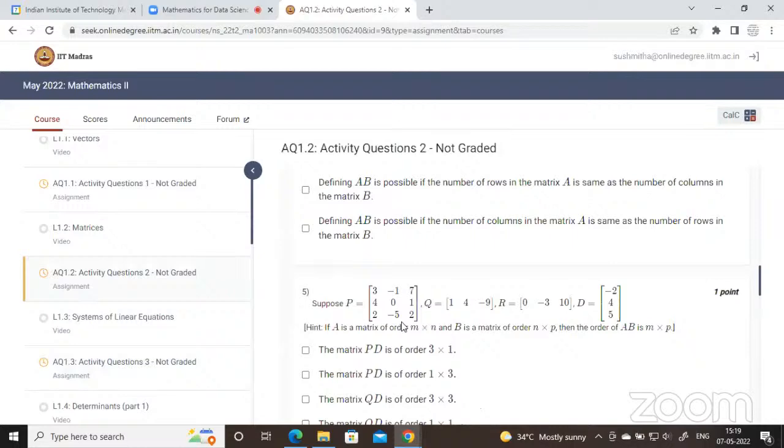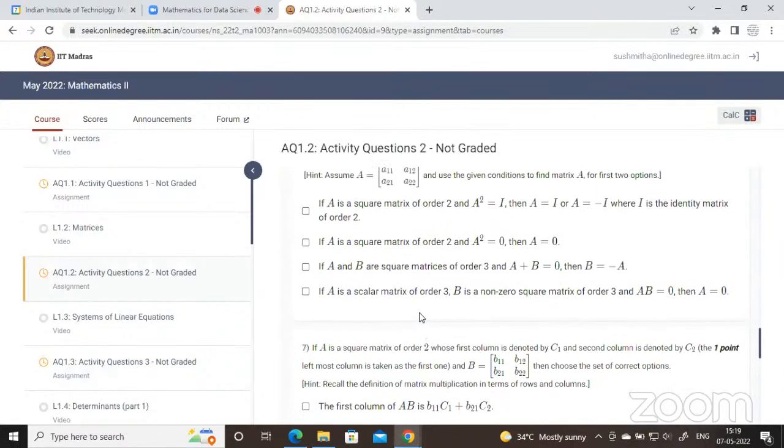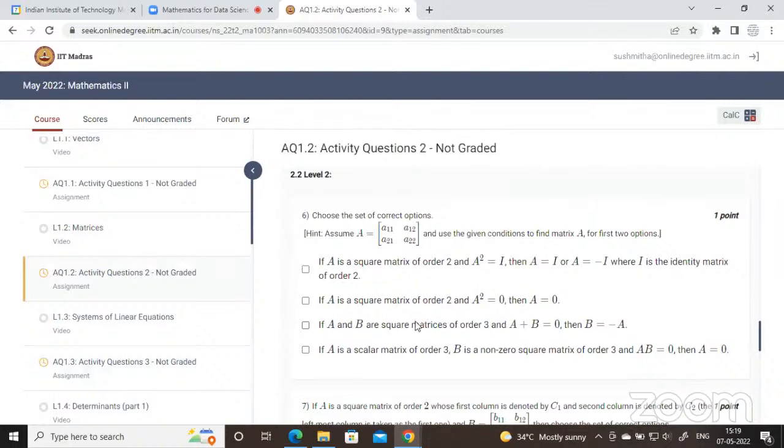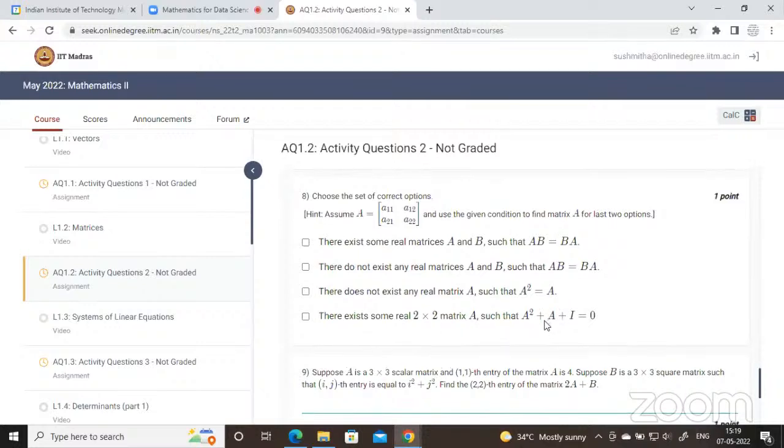For that A squared plus. Question number 6, 1.2. Oh, the scalar matrix thing. Is it this one? No, madam. Question number 6. I think question number 8. Yes, madam.